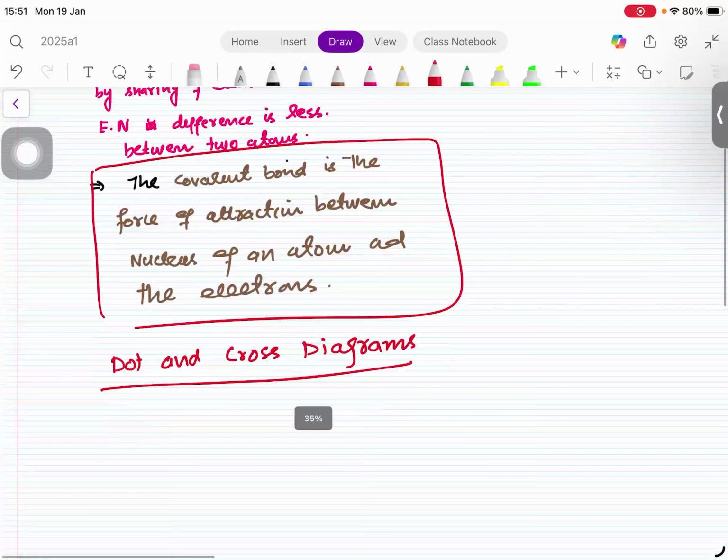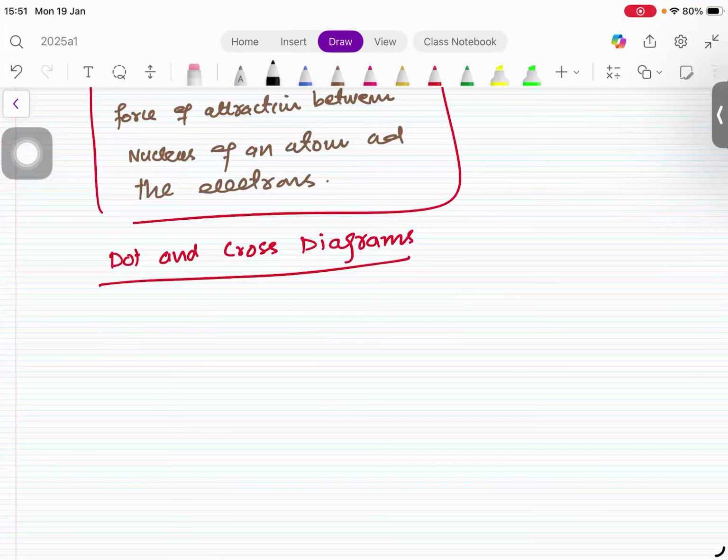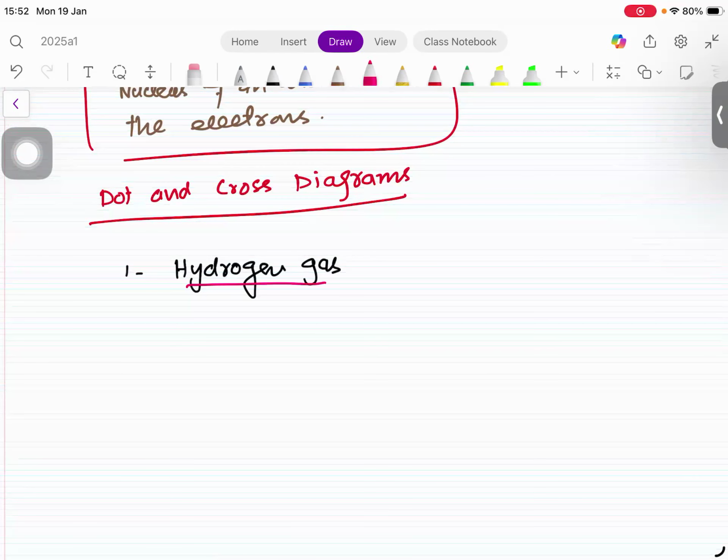We show the bonding in the following molecules. For example, number 1, hydrogen gas. How is the bond formed between two hydrogen atoms? We all know hydrogen is in group 1, having 1 electron, and hydrogen's first shell is the valence shell.